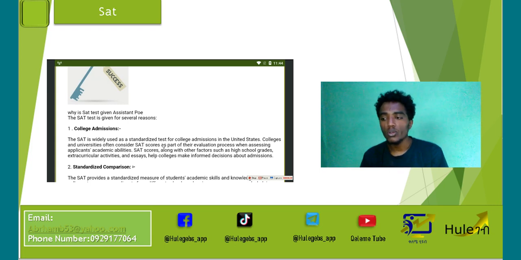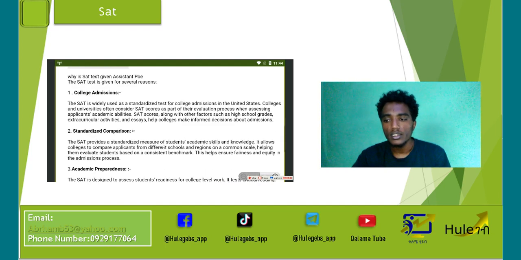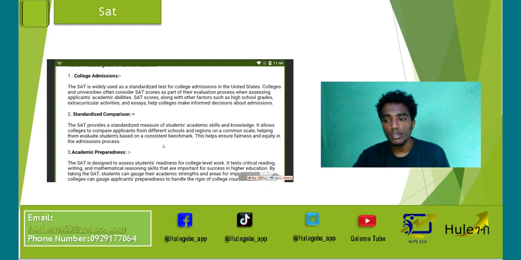SAT scores, along with other factors such as high school grades, extracurricular activities, and essays, help colleges make informed decisions about admissions. It's a standardized comparison, which means it helps measure students' academic skill and knowledge. It allows colleges to compare applicants from different schools and regions on a common scale.